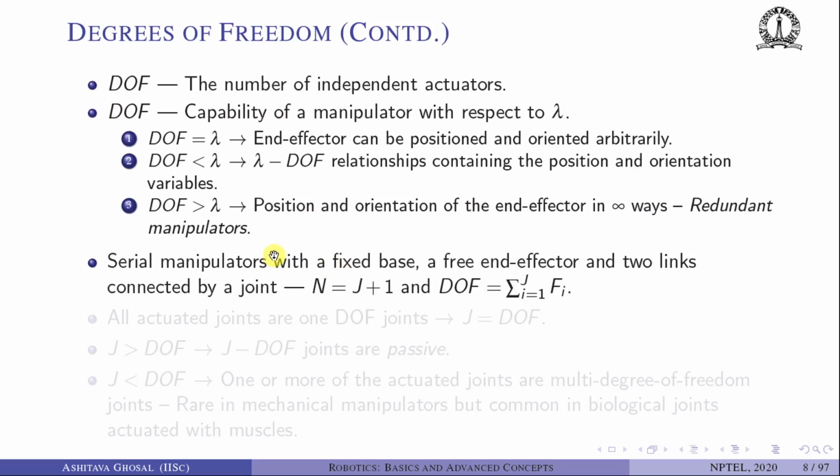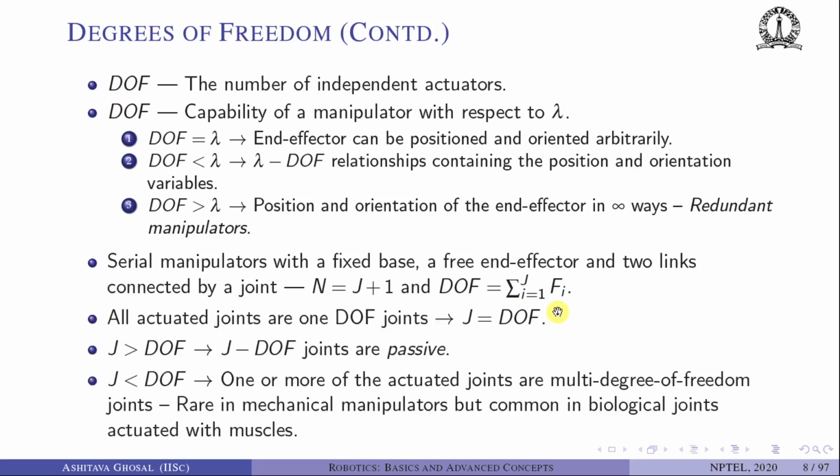In a serial robot or a serial manipulator with a fixed base, a free end effector, and only two links connected by a joint, you can easily see that n must be equal to j plus 1, and the degree of freedom is nothing but the sum of the degrees of freedom at the joints. If all joints are actuated and are 1 degree of freedom joints, then j will be equal to the degree of freedom.